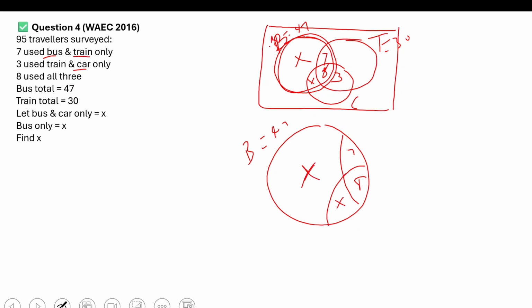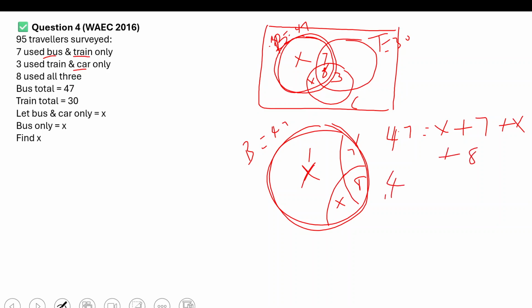If I sum all this, it will give me 47, right? So I will say 47 is equal to this X plus 7 plus another X plus 8. So I have 47 is equal to X plus X is 2X, 2X plus 8 plus 7 is 15. That's 15.